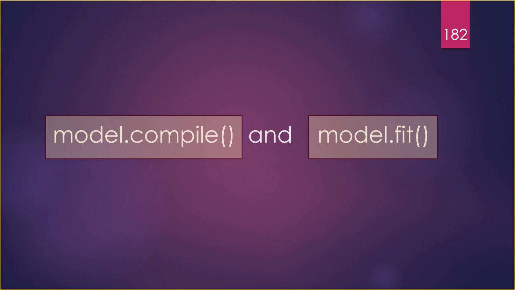And once the model gets trained, we can either use the model.evaluate function to evaluate the performance of the model, or we can directly use the model.predict function to predict on the unknown dataset, right? So this is what the thing was.